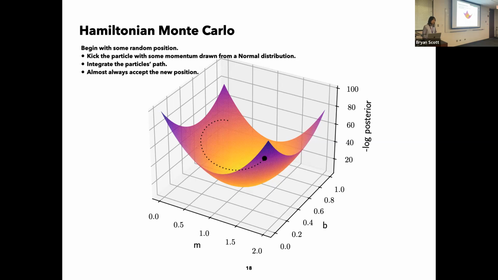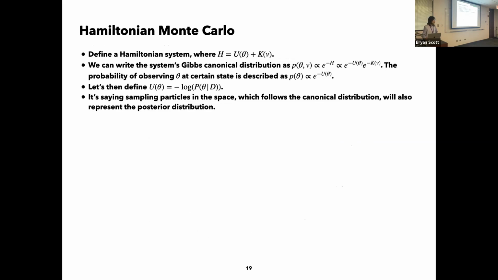That's the Metropolis part of the correction. So that's a more mathematical description of the Hamiltonian system. If you are interested in learning more, there are tons of resources online.